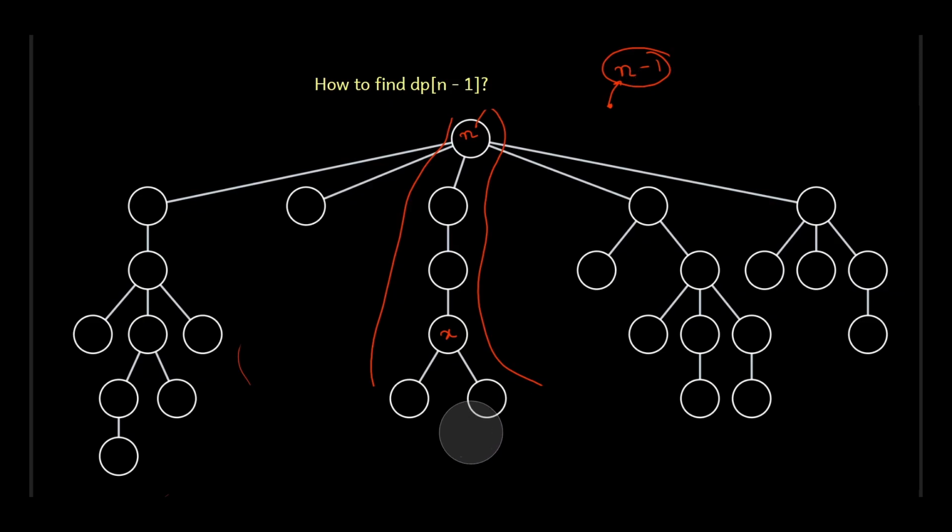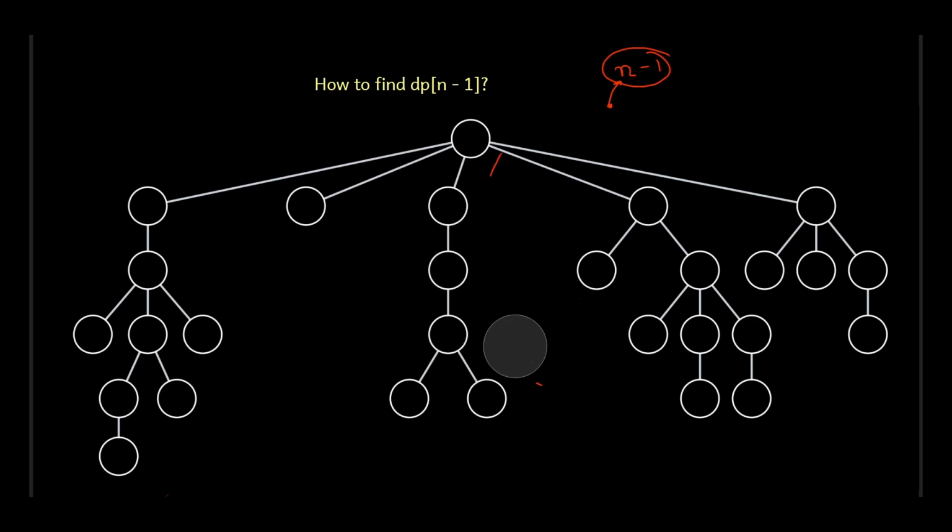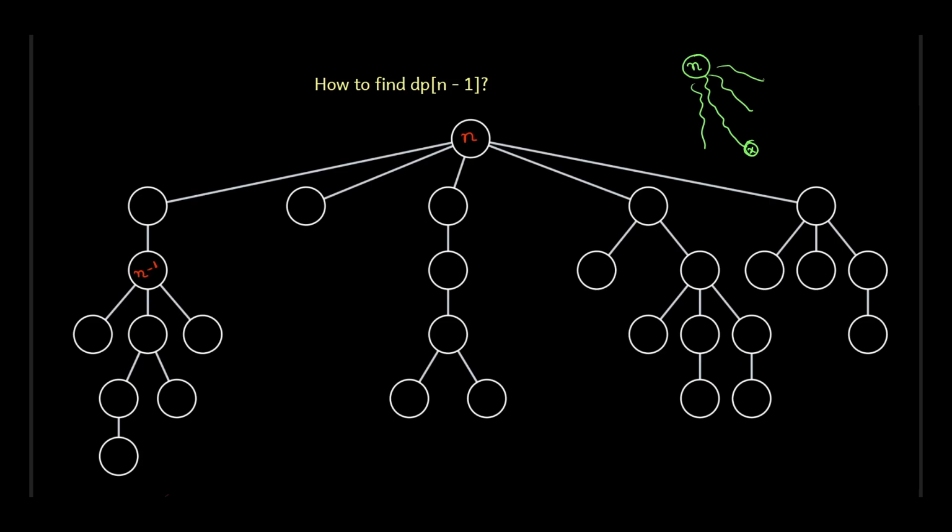So let's locate where node n minus 1 is present, right? Suppose this is node n, and suppose node n minus 1 is present over here. Then you can see that we said that in order for n to be exposed as a leaf, only one branch must remain, and one of these nodes pivots, it is so powerful that it can delete all of these other branches.